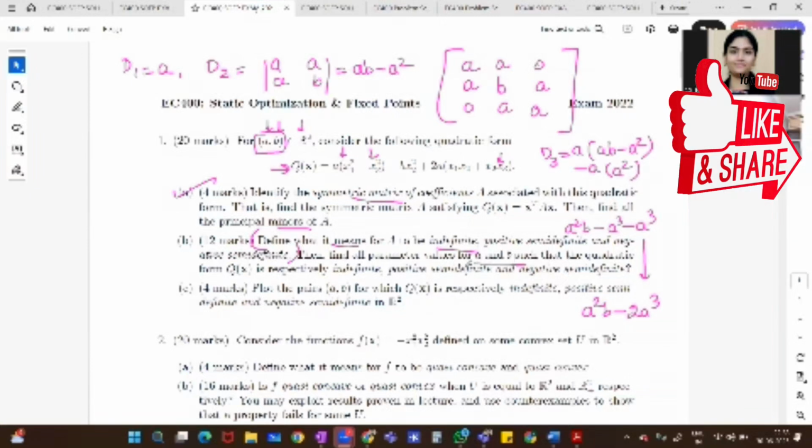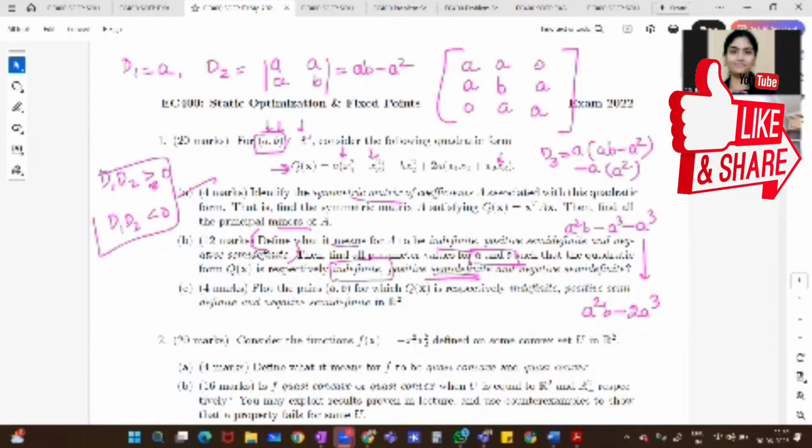Now you tell me about these parameters. You have to tell me what will be the value of A and B. For indefinite, sometimes D1, D2, out of any of these, will be greater than 0 and sometimes less than 0. So this will be general.